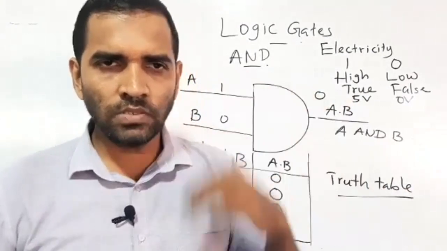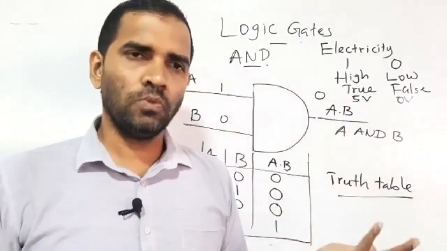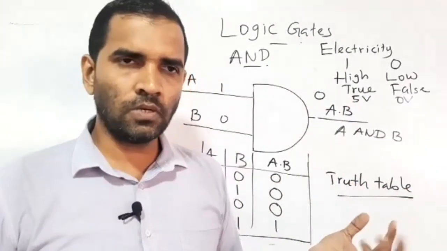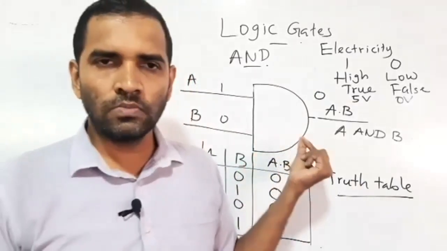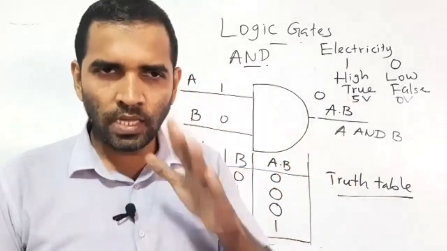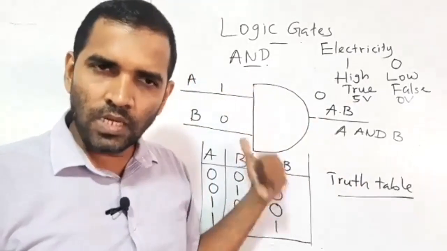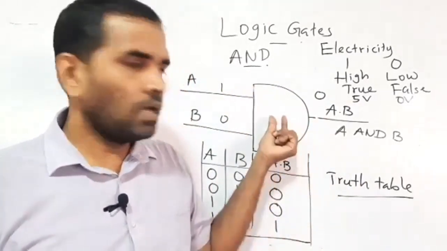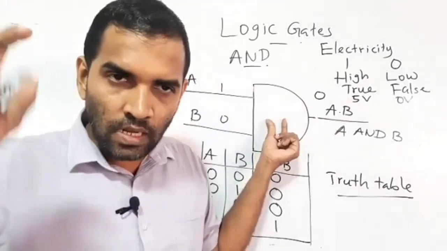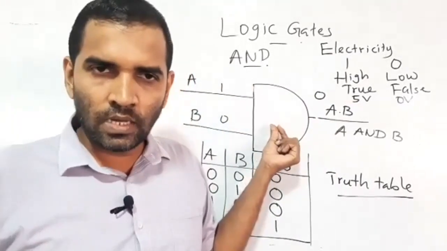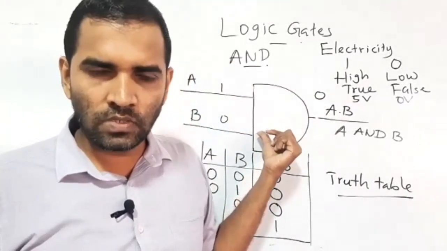If you ask me to prove that, I cannot prove, because it is just a symbol. I can only say that A has electricity, B doesn't have electricity. This is an electronic circuit. It may have diodes or transistors and other things.